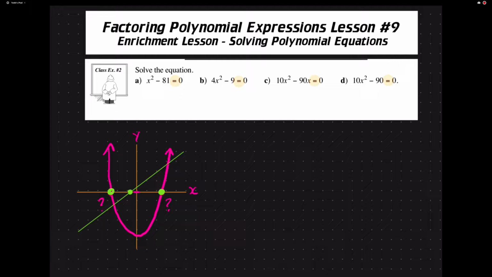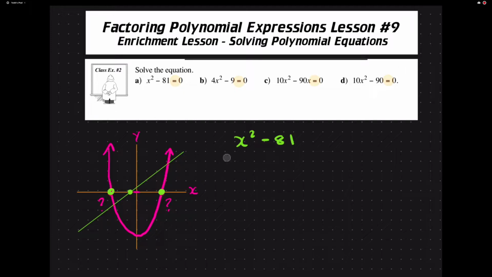So let's start off with the first one. When we see this, we need to factor this down so that we have something that states x is equal to. So x squared minus 81 equals 0. If we ignore the equals 0 right now, we would recognize that this one is just a difference of squares.